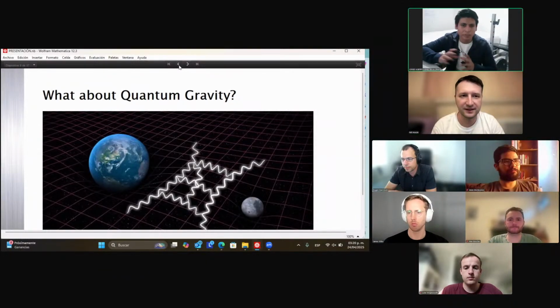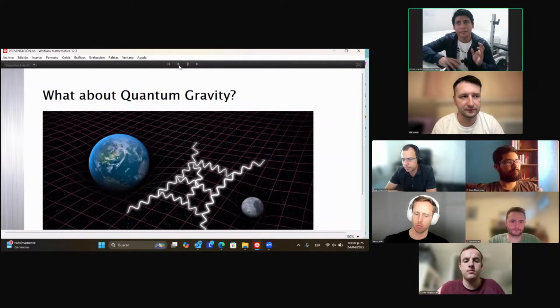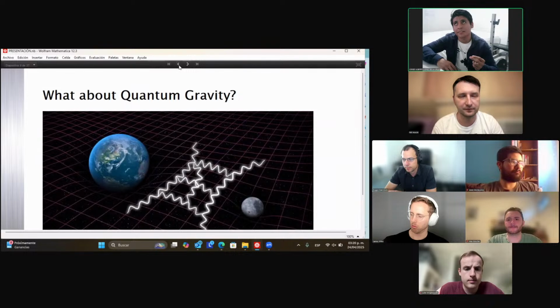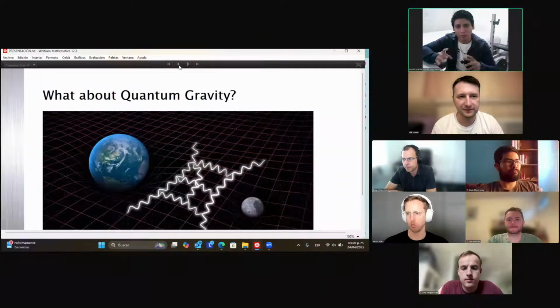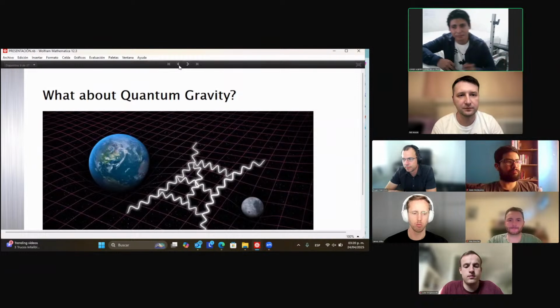Yeah, this is called an effective theory. It's a theory that works well at some scale. It's like an attempt at how it should be, but it's not a theory of quantum gravity. It's more like how a theory of quantum gravity should look at this level and this scale.